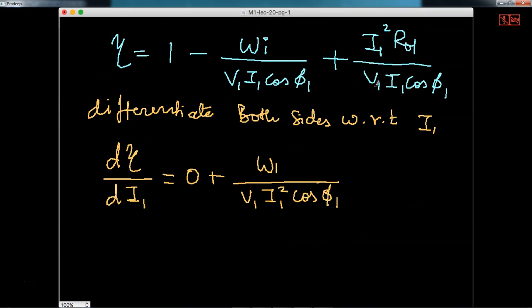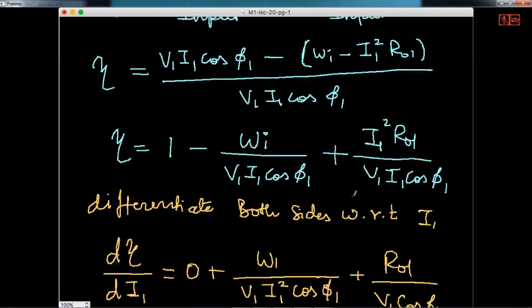Next, what is the differentiation of this one? So here I1 is in the numerator, so I1 and I1 can get cancelled. So whatever is left out is nothing but plus R naught 1 divided by V1 cos phi 1. So I'm sorry, I think I made a mistake.